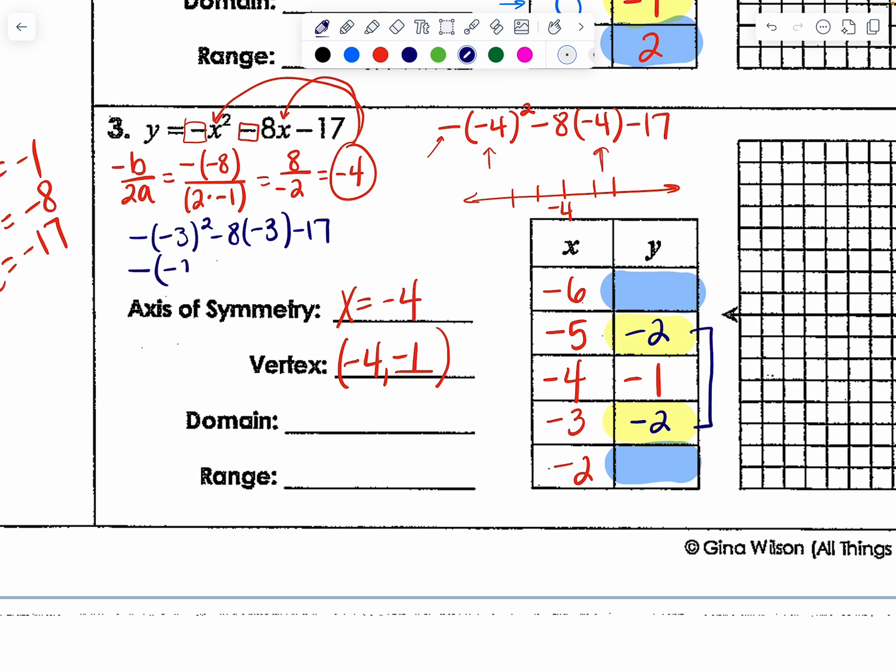So I start with negative parentheses -2 squared minus 8 times -2 and then minus 17. Again, pause the video, put that into your calculator and see if you can get the correct answer. Hopefully you had time to do that. You should have gotten a -5 here and a -5 here.